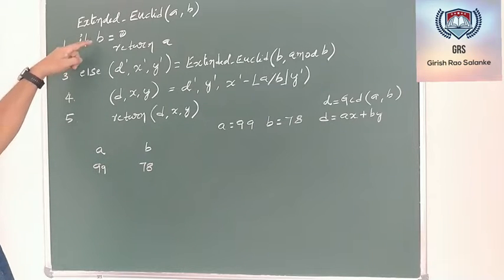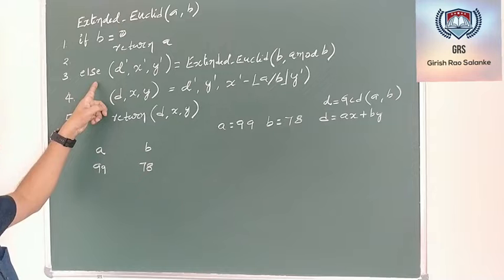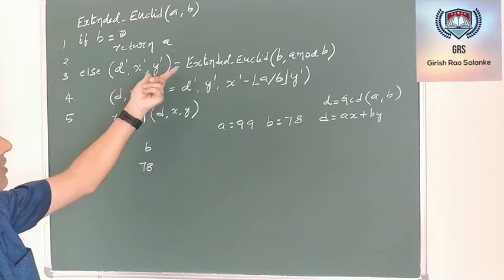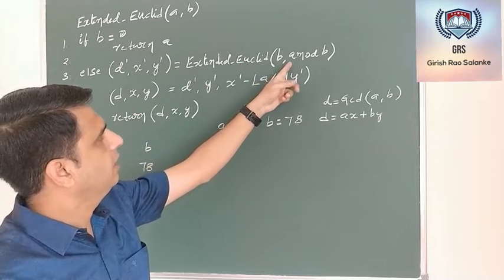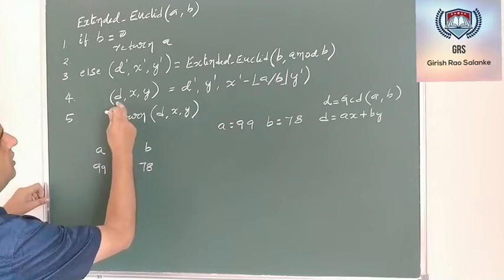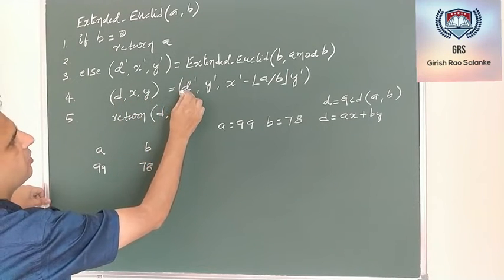So it starts here. If b is equal to 0? Is b 0? No. Now it calls the triplet d, x, y of extended Euclid of b comma a mod b. So what are the other values?